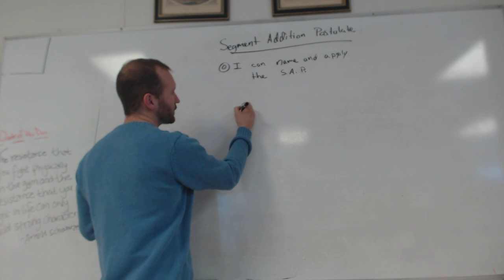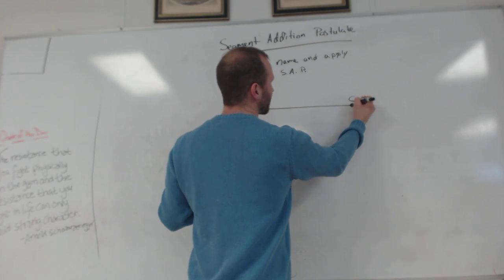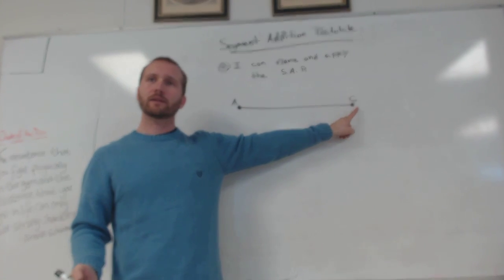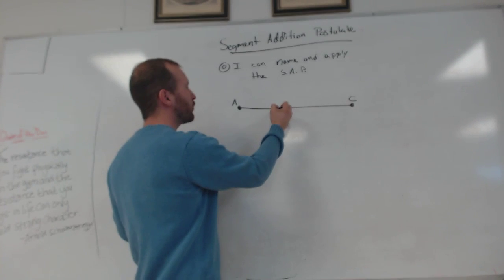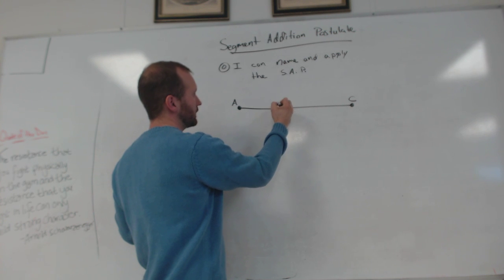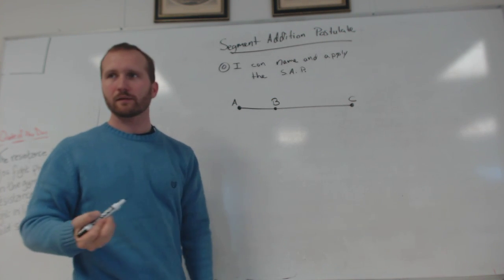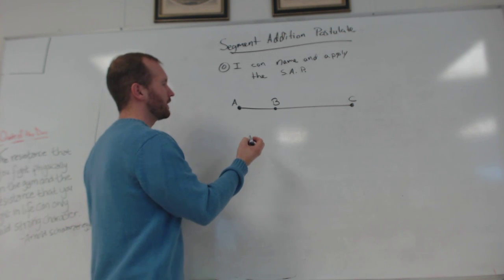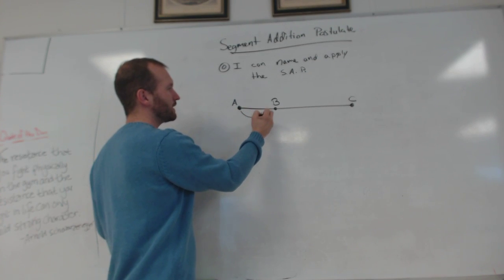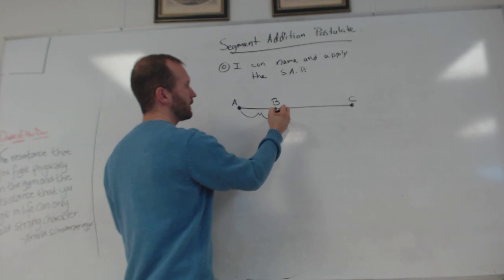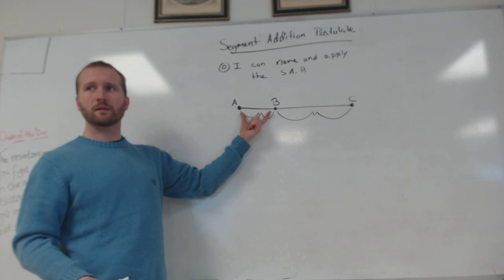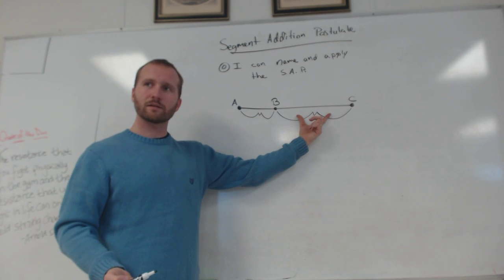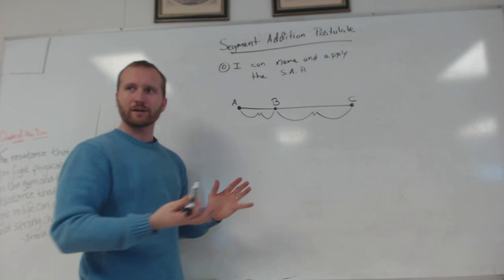I'm going to start by showing you this with a diagram. If I have a line segment AC, and I have a point that's on that line segment, we'll call that B, then I know that the point is on the line segment if and only if this plus this equals the whole thing.